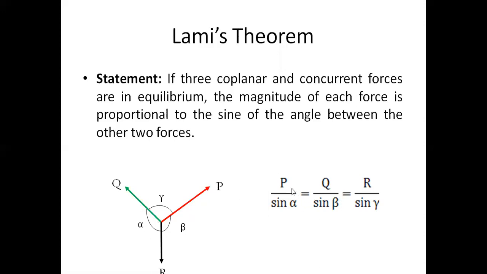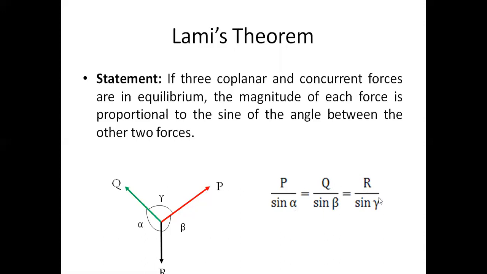Alpha. Therefore, P by sine alpha is equal to Q by sine beta. Beta is the angle between the other two forces, other than Q, that is P and R. And similarly R by sine gamma.